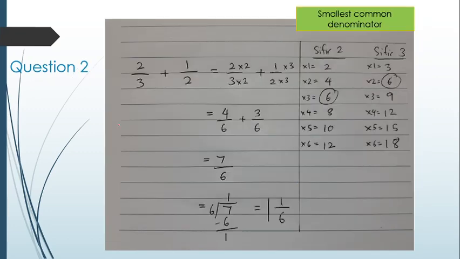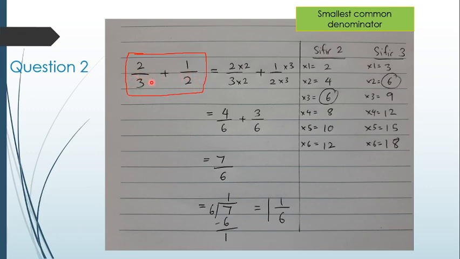Right, let's look at question number 2. This is a little bit different. We have here 2/3 plus 1/2. So what can you see from this question? The first thing that you should do is look at the denominator, the number below here.